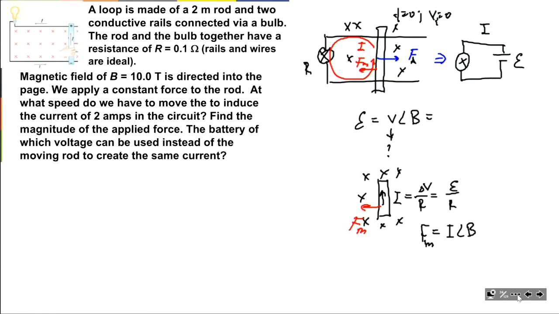And when that happens, when we have two forces which point opposite but have the same magnitude, net force equals what? 0. So eventually, and it happens very quickly, the net force acting on this rod should become equal to 0.